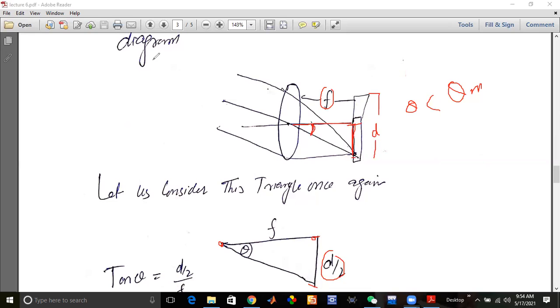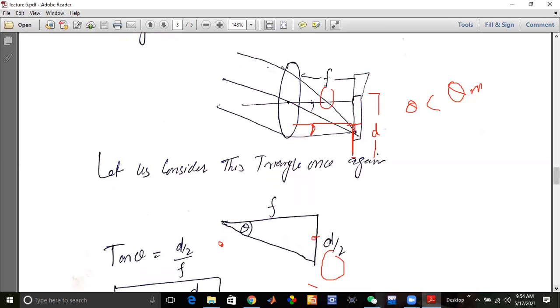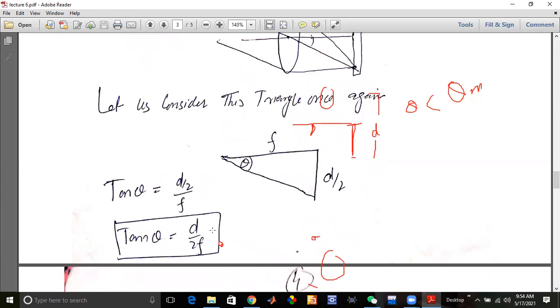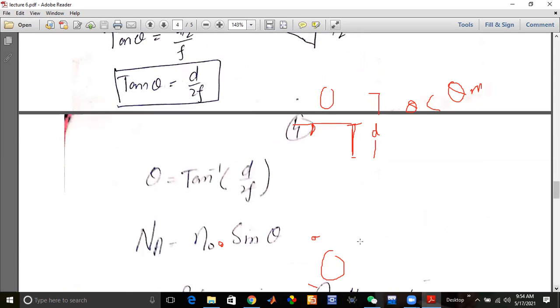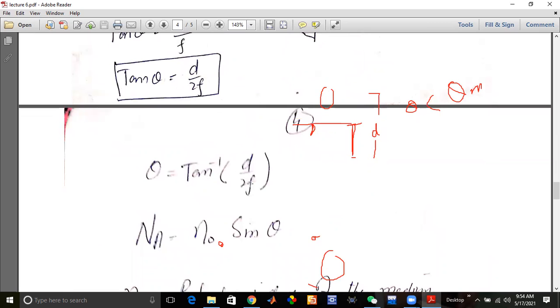So tangent theta is equal to d by 2f. And you know that theta is equal to tangent inverse of d divided by 2f.